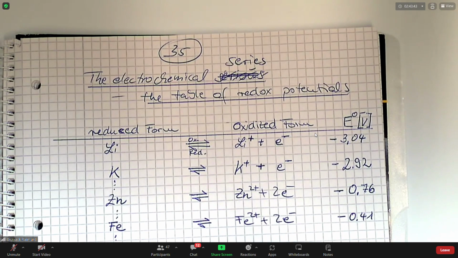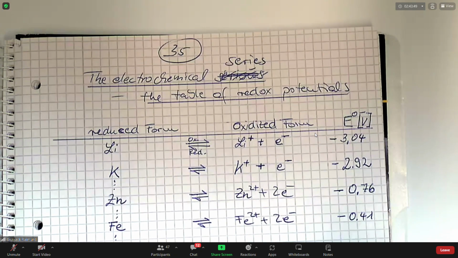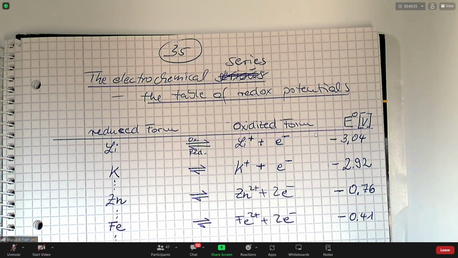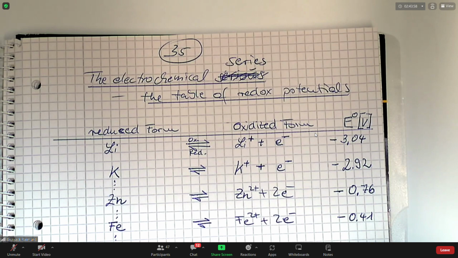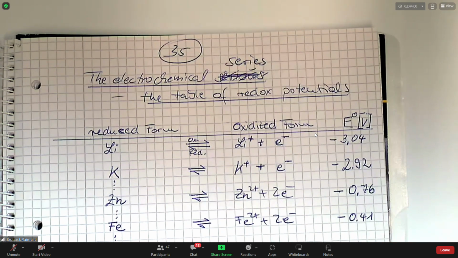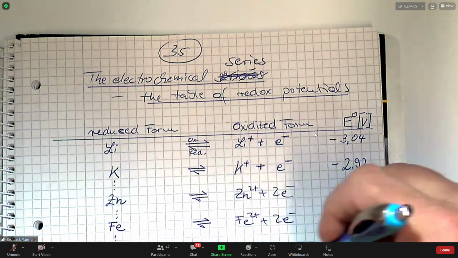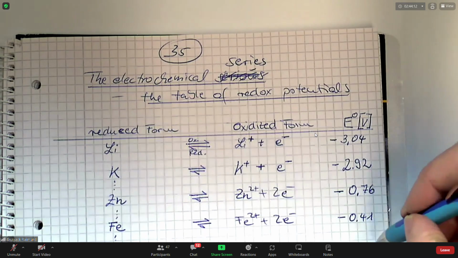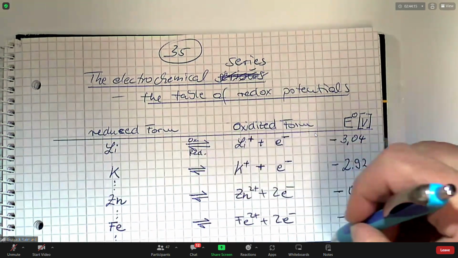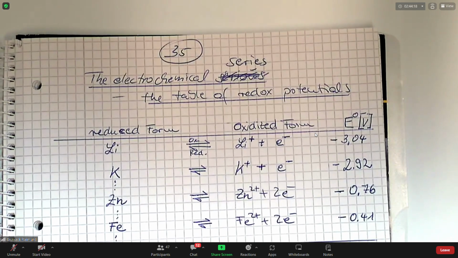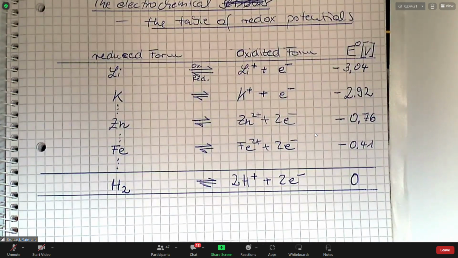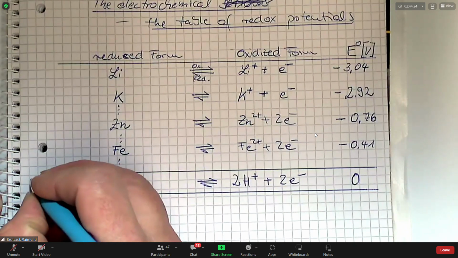When hydrogen is oxidized, it forms 2 H+ plus 2 electrons. And by normalization, this is the standard system, and the redox potential is 0. We just say that is 0. We compare everything with the hydrogen system, so this is our reference. And we call it the reference standard hydrogen electrode.